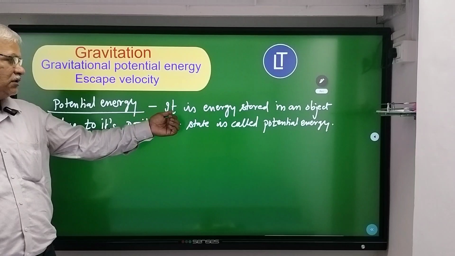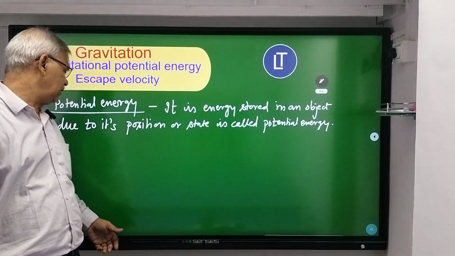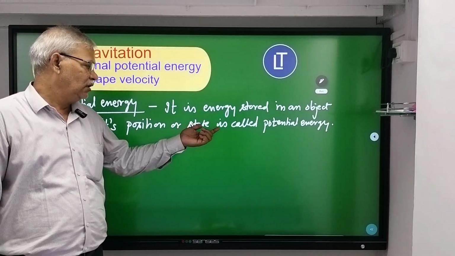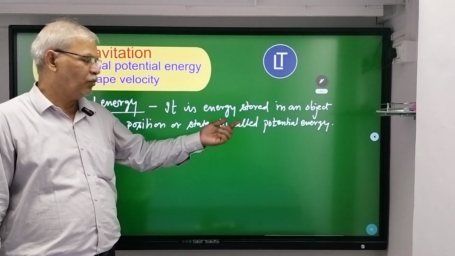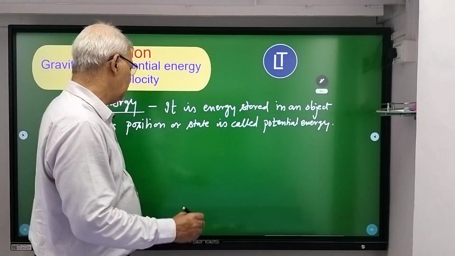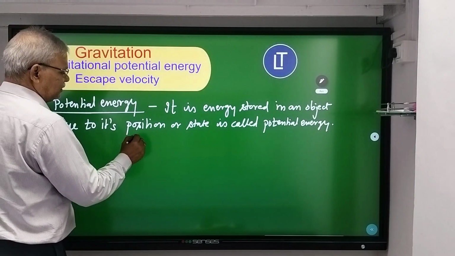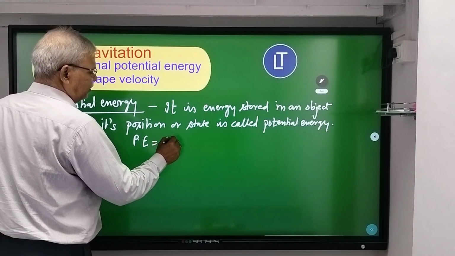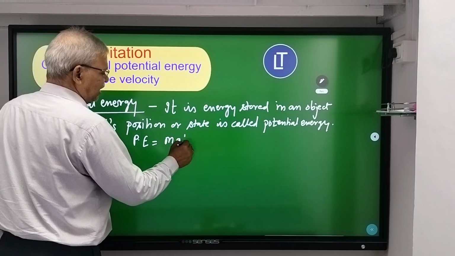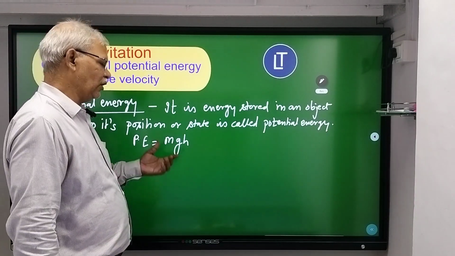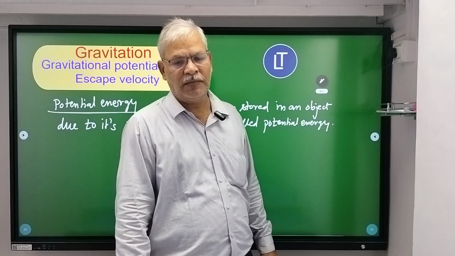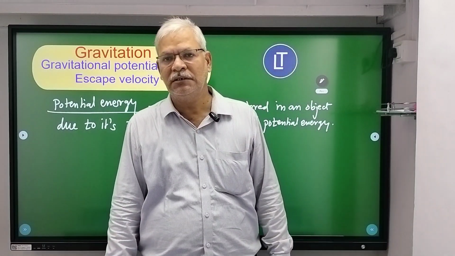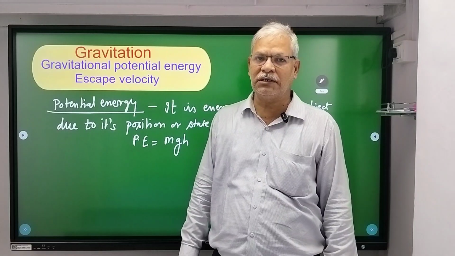It is energy stored in an object due to its position or state is called potential energy, and potential energy is represented by mgh for an object of mass m and at height h from the surface of the earth.